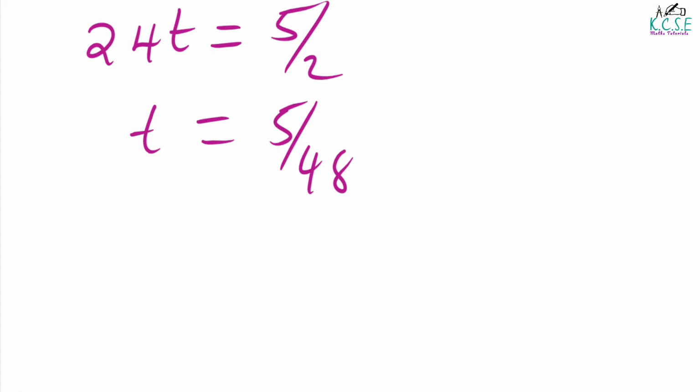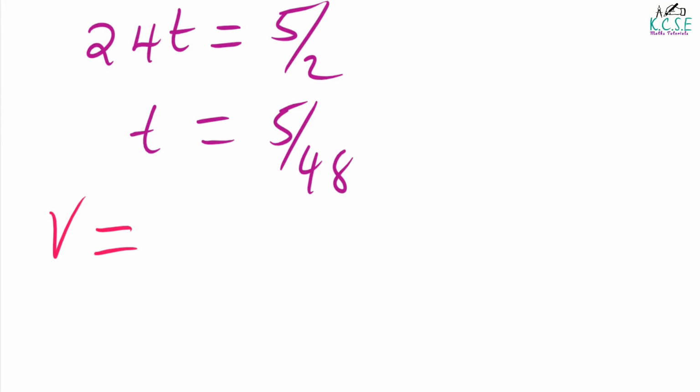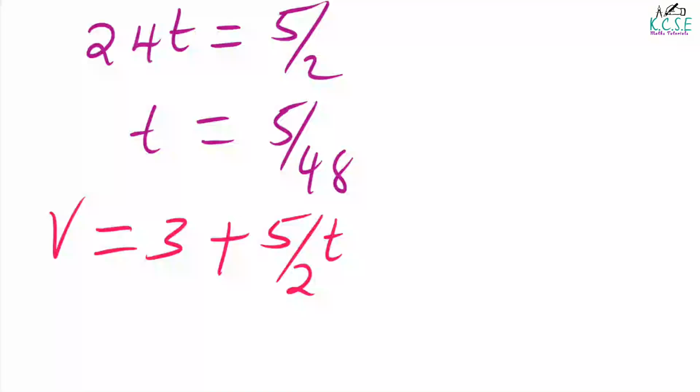Now the speed when it attains maximum speed is given by when we take the expression for velocity and then we substitute this value of t. So expression for velocity is 3 plus 5 over 2 t minus 12t squared.